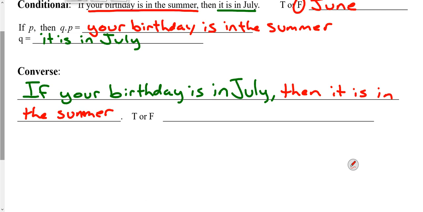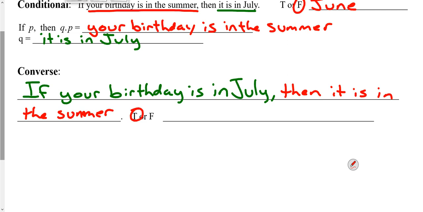Is that statement true? Yeah. On this one, when we switch it to the converse, we switch our hypothesis and conclusion, the statement became true.